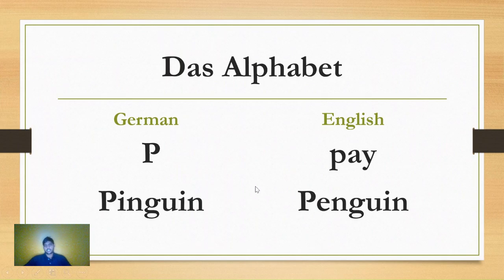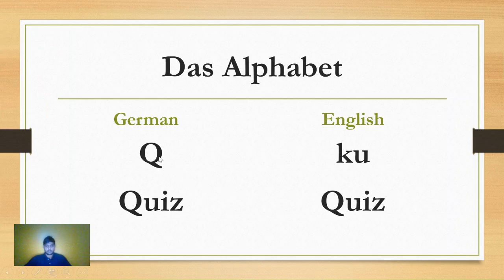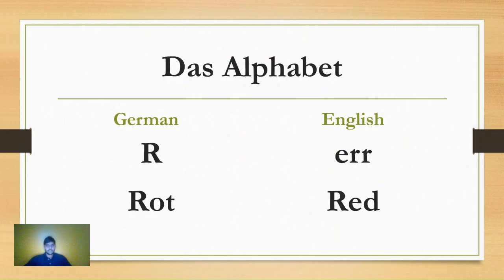Penguin, in English it is called penguin. Quiz, also in English it is called quiz. The same sound, same pronunciation, same spellings. R, rot, in English it is the color red.